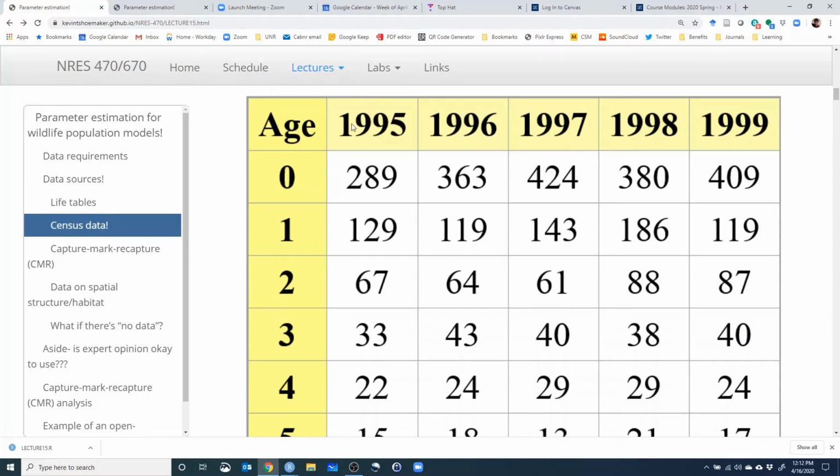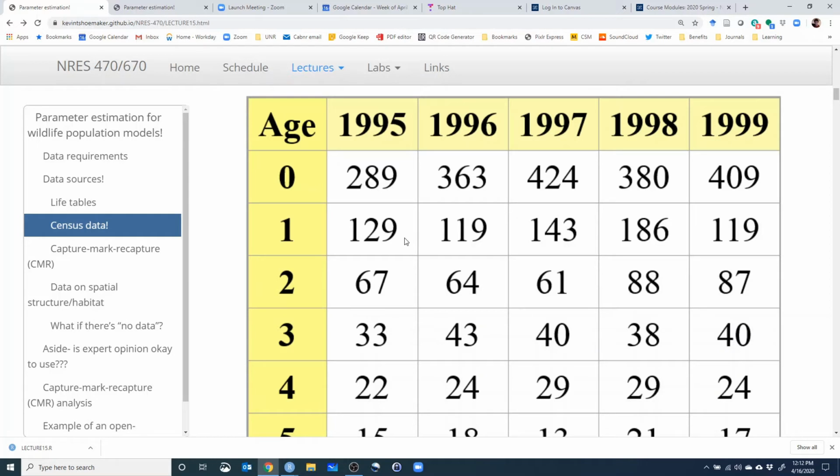So look, when we start off in 1995, we go out in the field and we count exactly 289 newborns. How many are left in 1996? If you look at that and see that 119 1-year-olds are in the population at 1996, those 1-year-olds have to be those same 289 newborns that were there the year before, right?